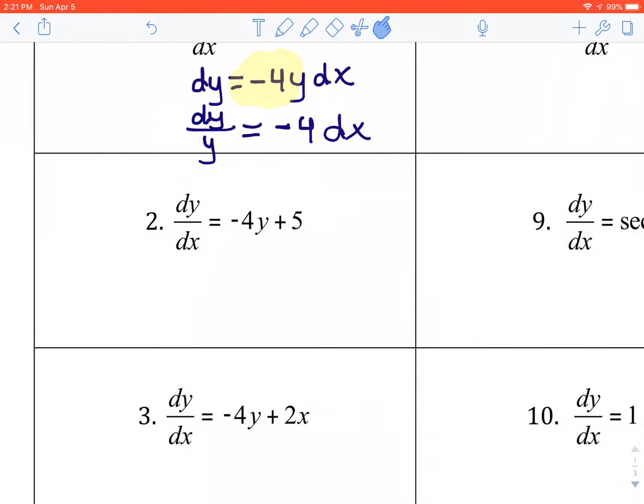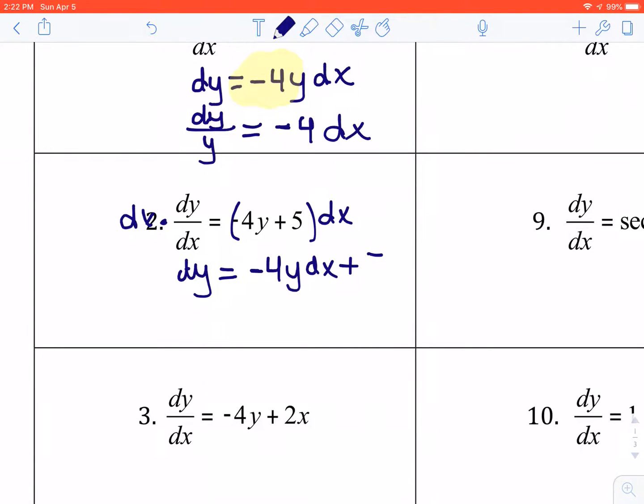Okay, let's try the second one. Now the second one, what I want to point out to you is if you multiplied both sides by dx right now, you are going to notice, so don't write this down, that there is going to be no way algebraically how we're going to be able to separate this.